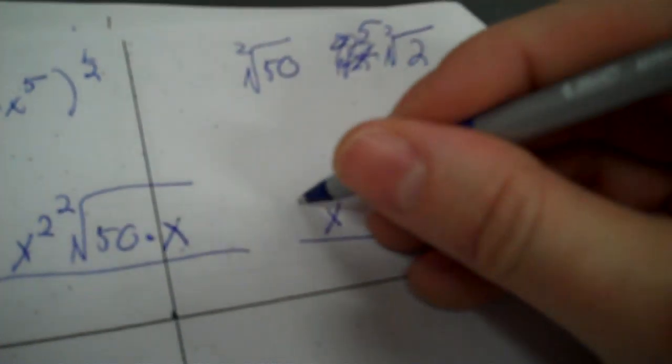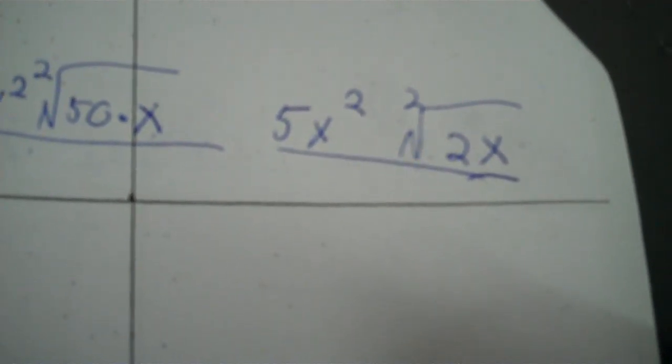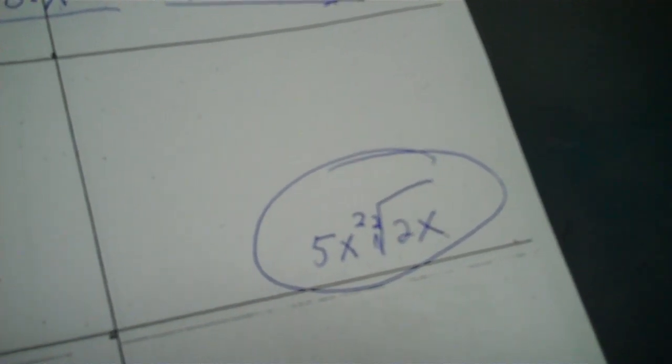So the square root of 25 becomes 5, and remember I put that 5 in front, and then that 2 stays here. So my answer is 5x to the power of 2, and then the radical with the degree 2, 2x. Once again, if the radical is a square root, you really don't have to put that little 2 there, because that automatically means it's a square root.